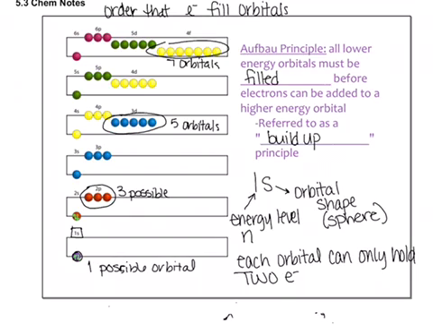And notice how each arrow that I drew, one is up, one is down, and that is to represent your spin. So remember, there's 2 possible values of spin. You have plus 1/2 or minus 1/2. And the up arrow represents one of those, and the down arrow represents the other.